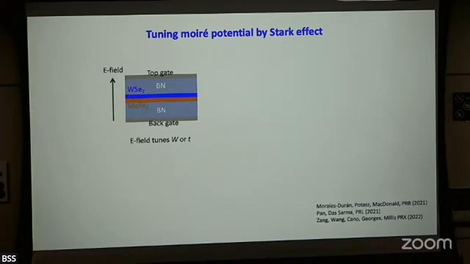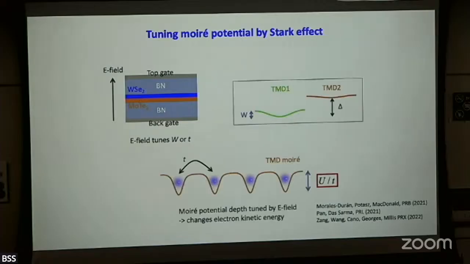In this case the lattice mismatch is bigger, 7%, and that makes the lattice constant smaller, so we start with a little bit bigger T. And what's interesting is that this displacement field can tune the moiré potential depth, and if you can do that, you can change T significantly.